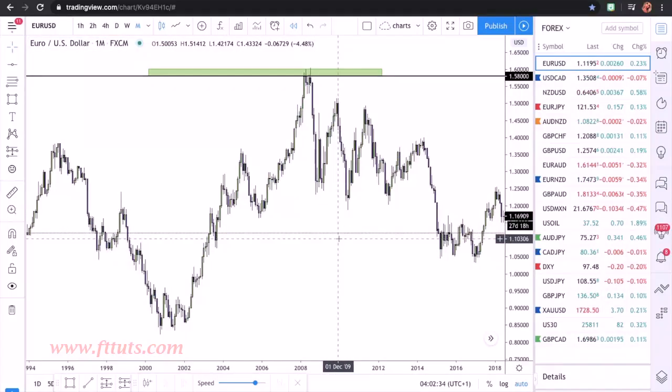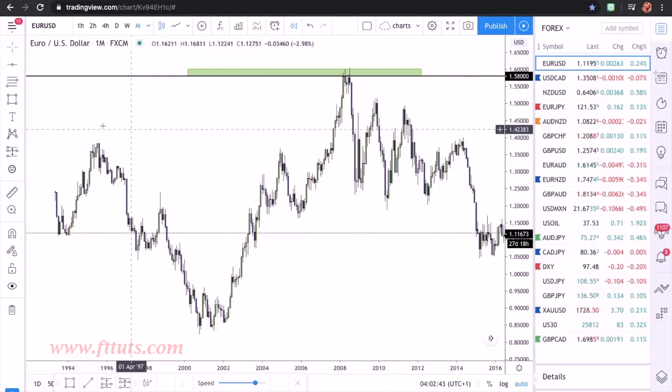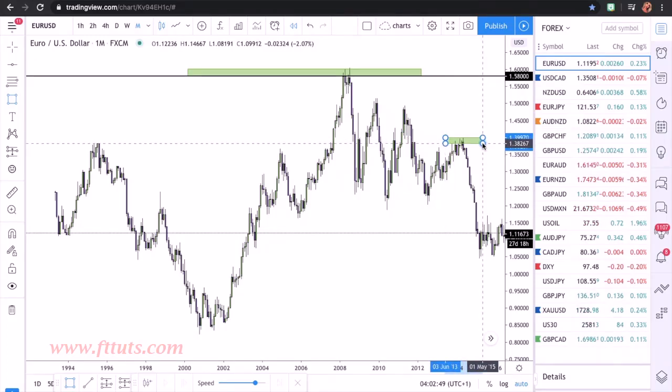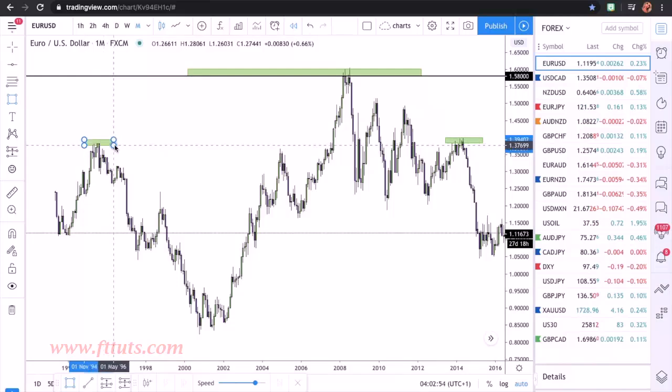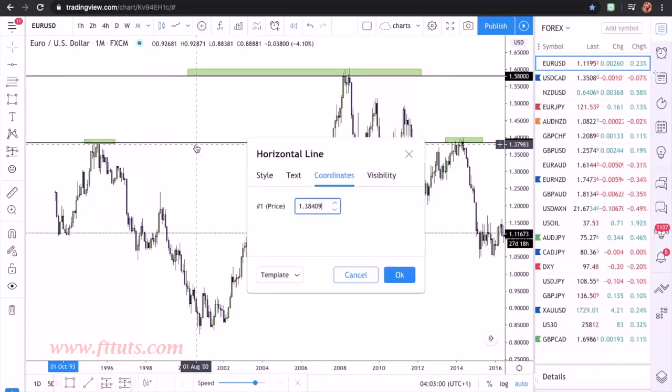Our next one is around this level. We can see that price rejected here and over here, so we highlight that. It rejected in this area and here. We take the horizontal line, and we're at 138.409. We're going to round it to an even number, 138.500.